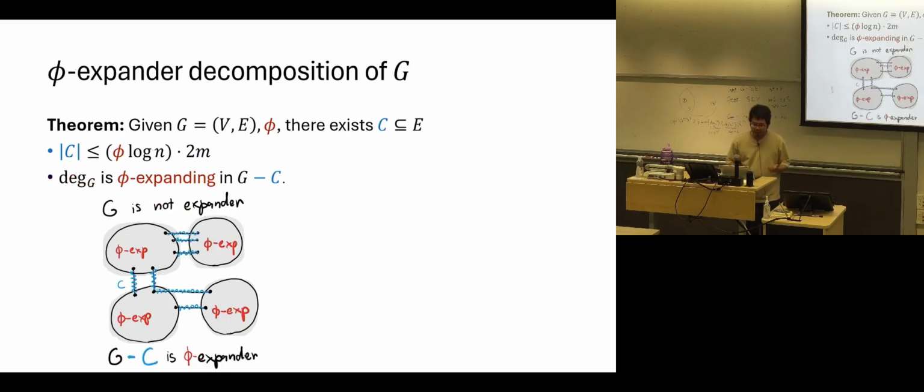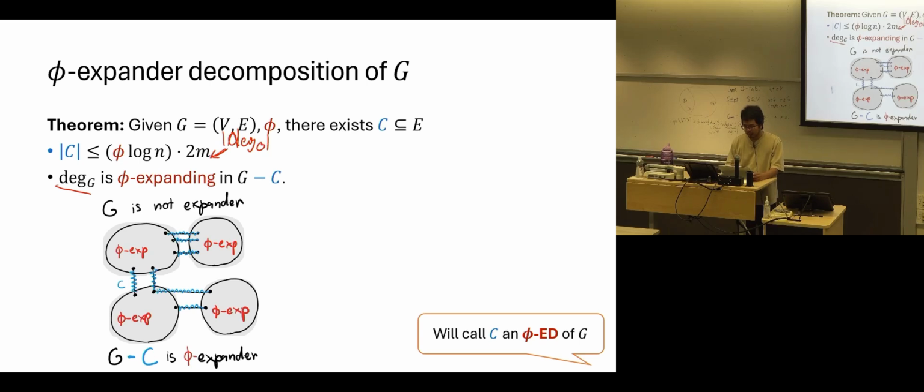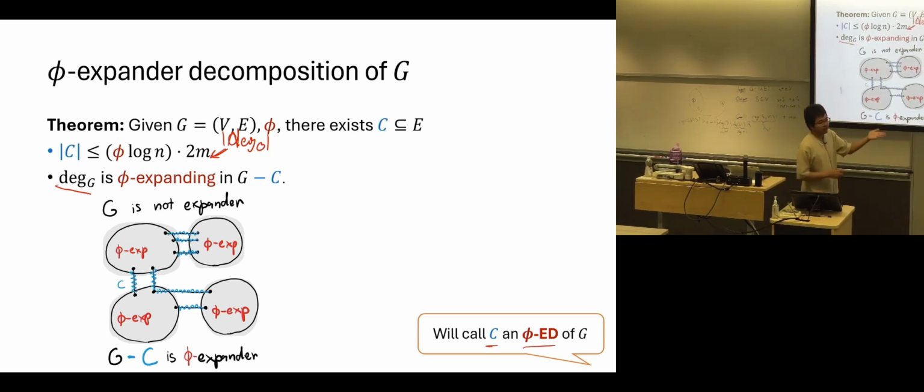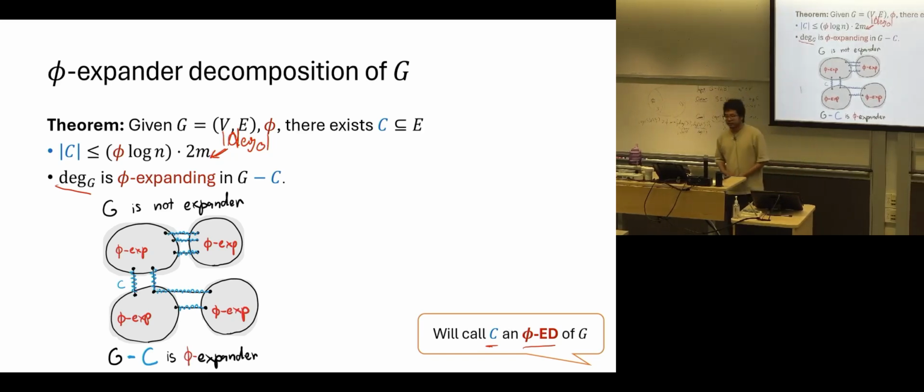When A is the degree node weighting, it translates to this one. This becomes degree of G, and the size of degree G is just 2m. And I call C here just the phi expander decomposition of G.